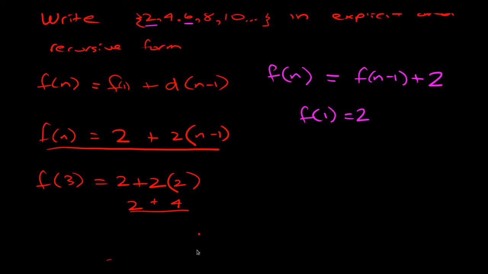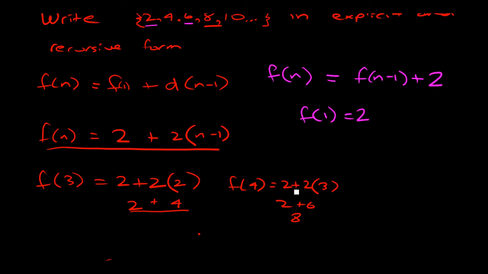Now, just to make sure that wasn't just lucky, let's plug in 4. F of 4 is equal to 2 plus 2 times 4 minus 1, so 3. And this becomes 2 plus 6, which is 8. Oh, cool. We know this works.